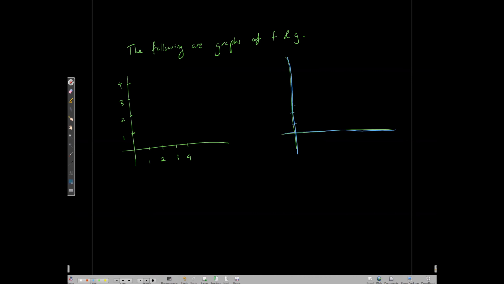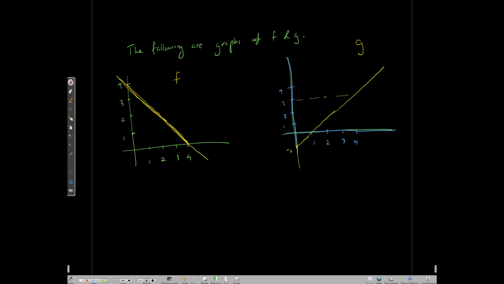So 1 2 3 4, 1 2 3 4, and joining 4 and 4, if I do a straight line like this is the graph of f, and the graph of g, and here negative 1, so going like that.